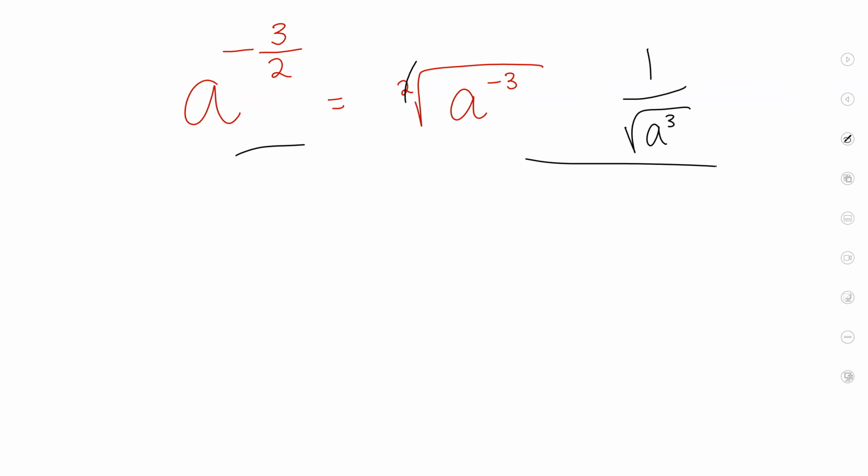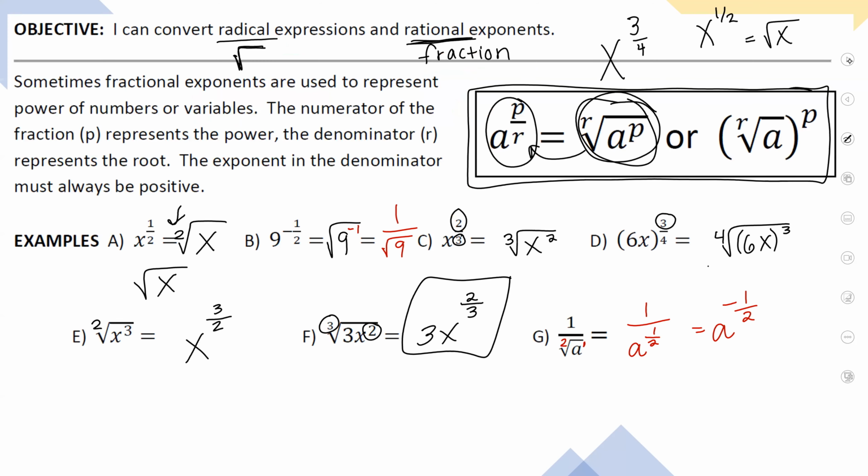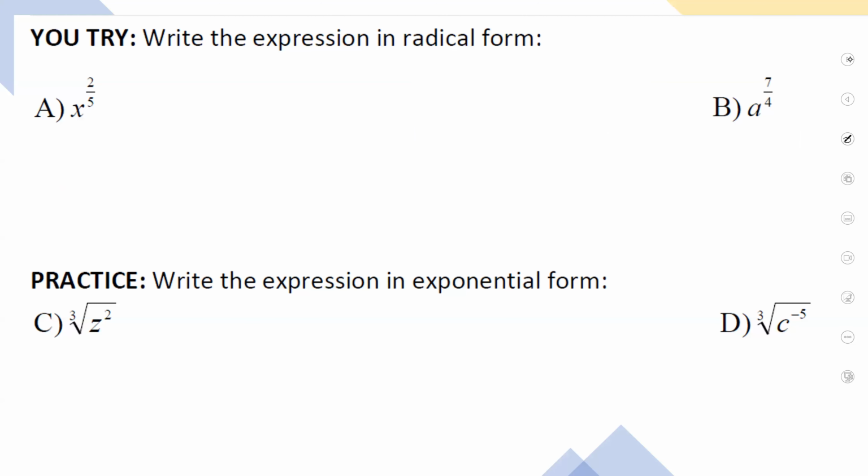Okay. So I'm going to let you guys do these examples. So I want you guys to try A, B, C, and D. Okay. So the numerator goes on the inside. The base goes on the outside.